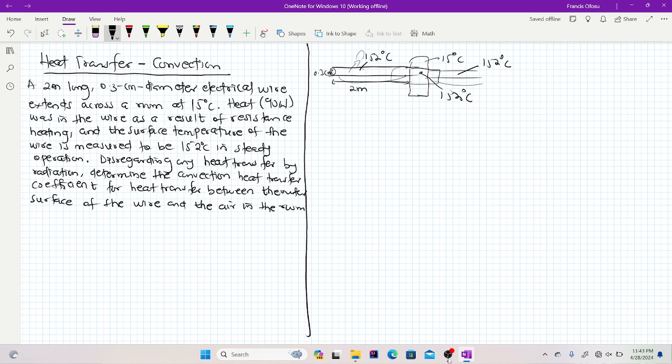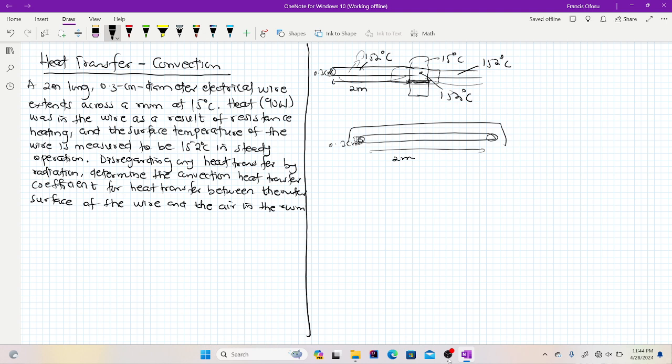So we have all the wire in the room, with a length of 2 meters and a diameter of 0.3 centimeters. If only part of it were in the room, we would be given the length of that part. But because we've been given the entire length of the wire, it means the entire length of the wire was passing through the room.